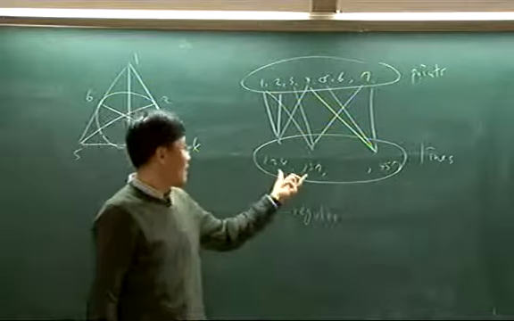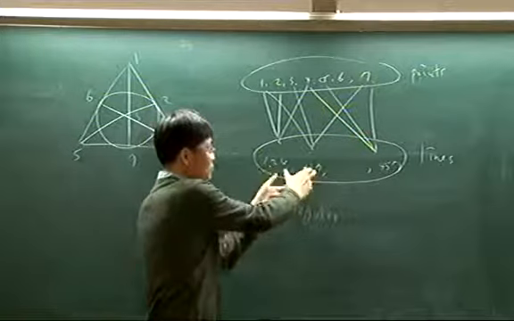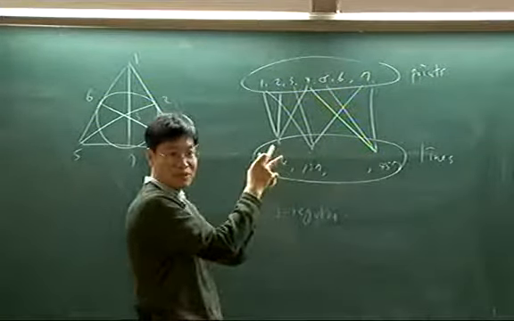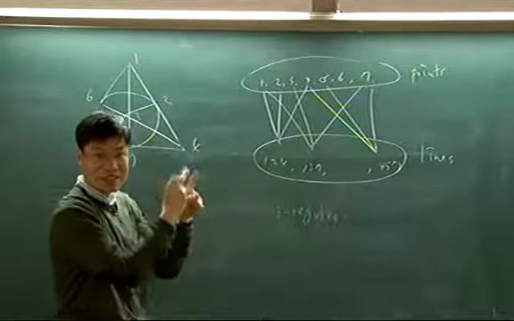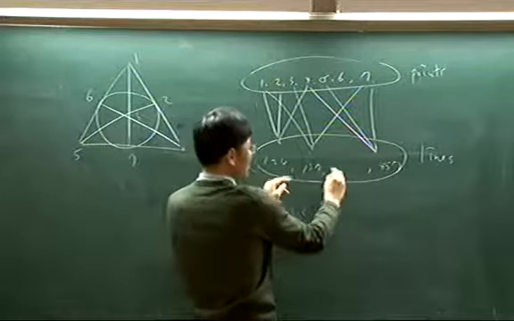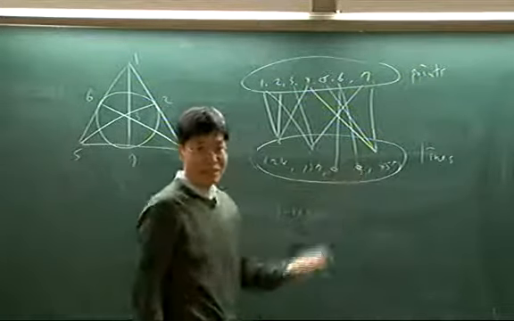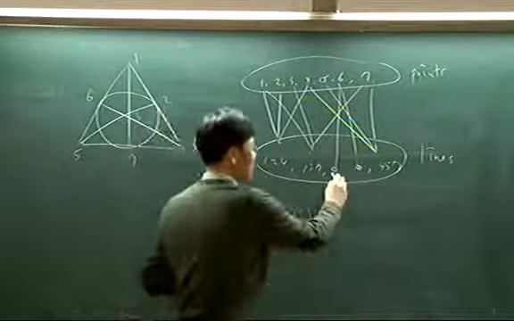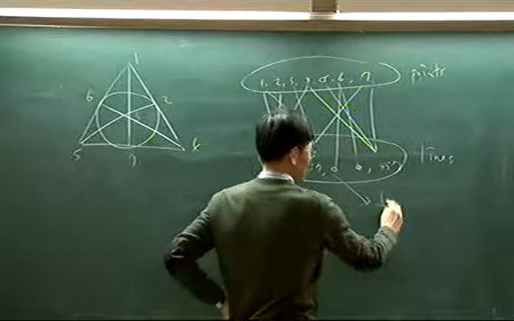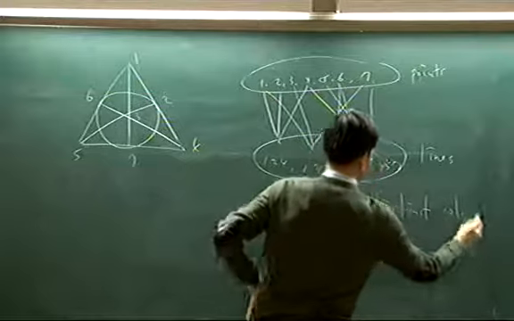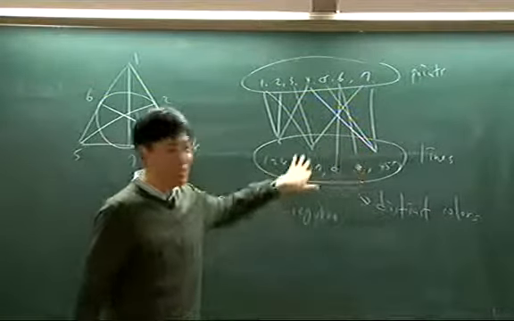And every 2 lines must have an intersection. That means any 2 vertices here have a common neighbor, so they must all have different colors, right?